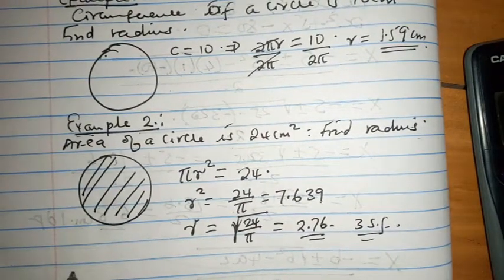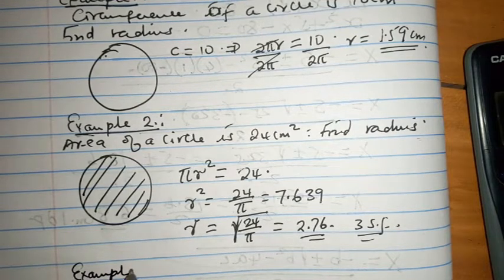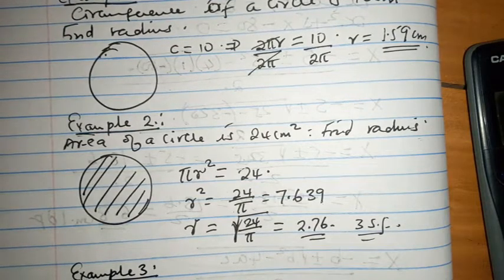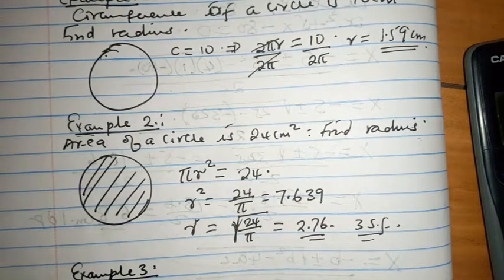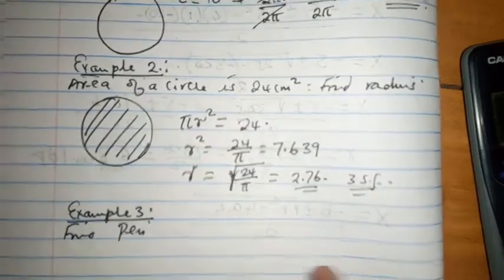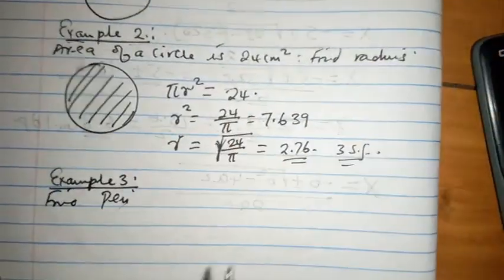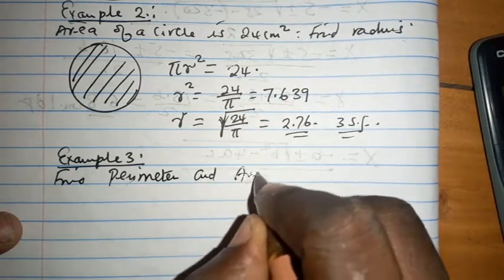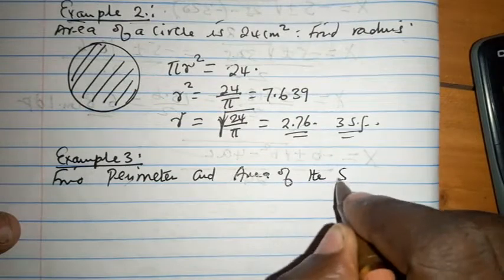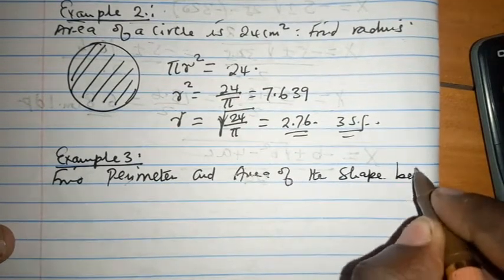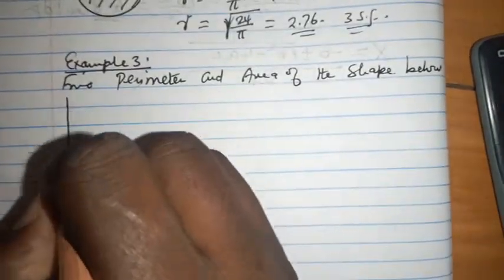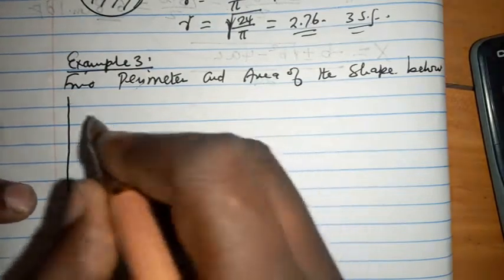And of course, we need also to look at example 3 in the same video. Find the perimeter and area of the shape shown. The shape itself looks like something like this.